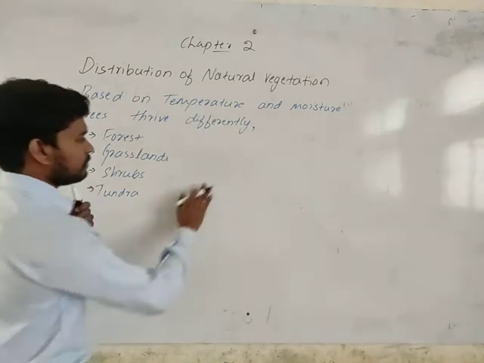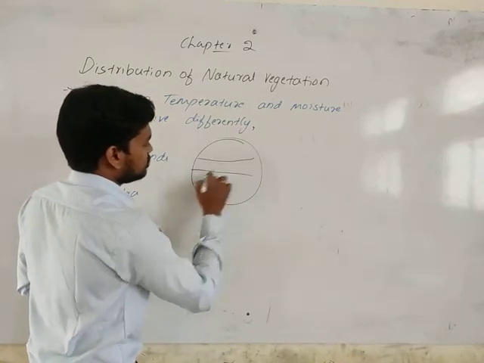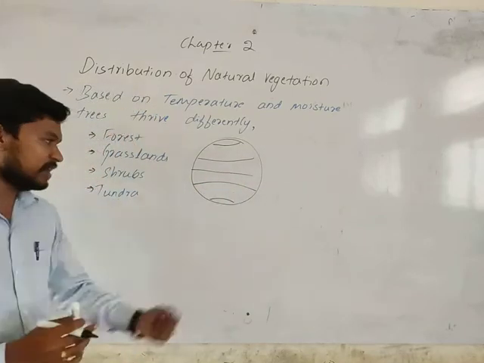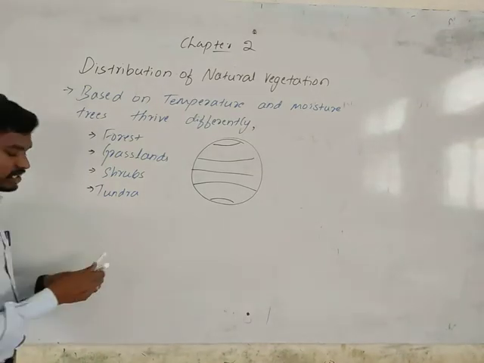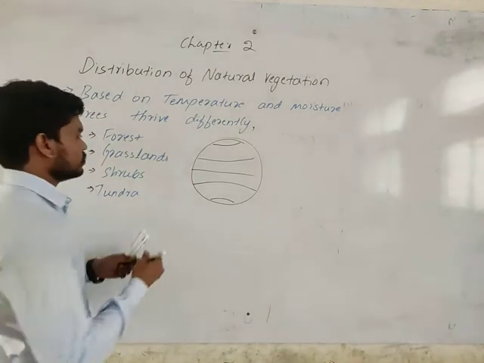For a better understanding, let me draw the picture. Here we have 3 heat zones: the torrid zone and the temperate zones, and the frigid zones at the North Pole and South Pole. The forests are mainly found in the torrid zone.